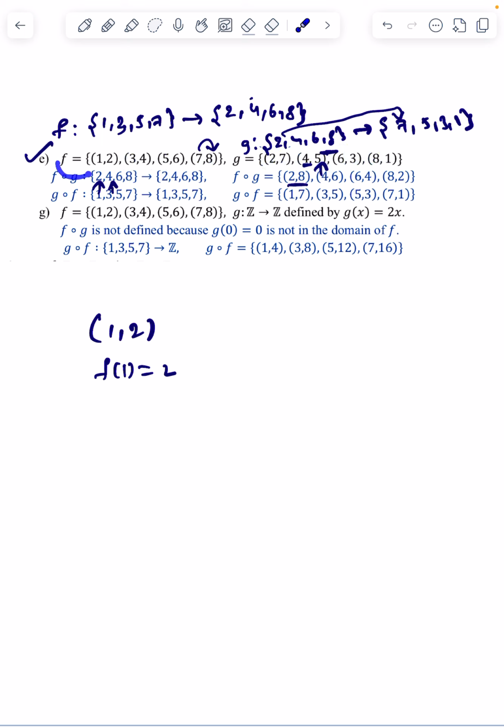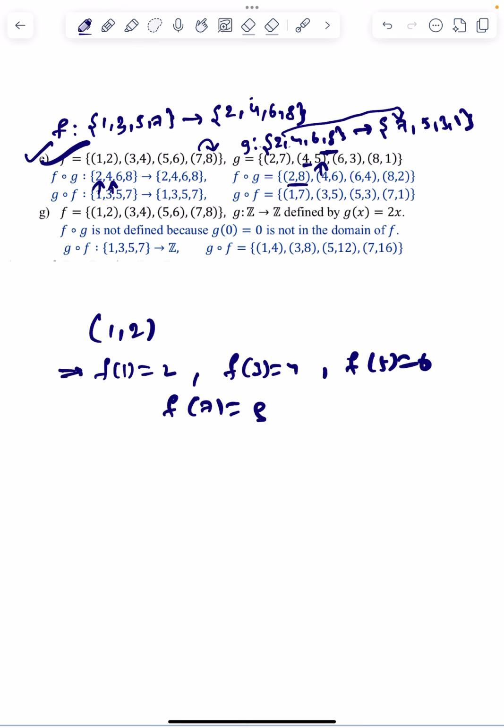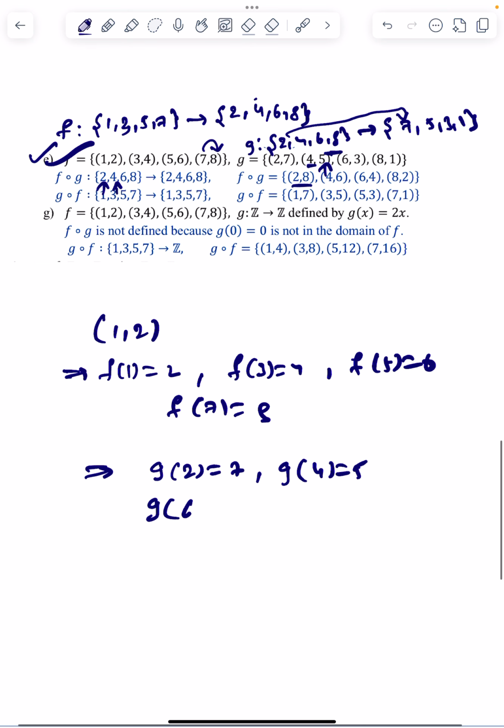When the f function is applied to an input, you get the image value. So remember that. For the first function, f of 1 is 2, f of 3 is 4, f of 5 is 6, f of 7 is 8. What about the g function? g of 2 is 7, g of 4 is 5, g of 6 is 3, g of 8 is 1. I have written it according to this.